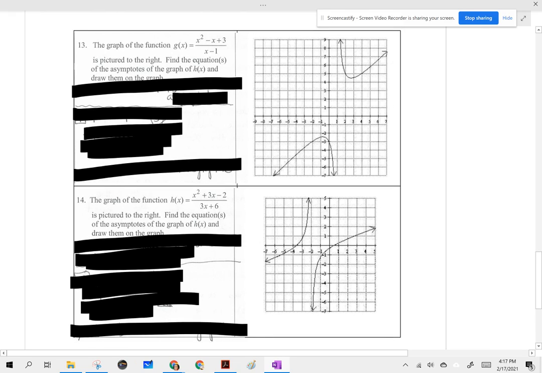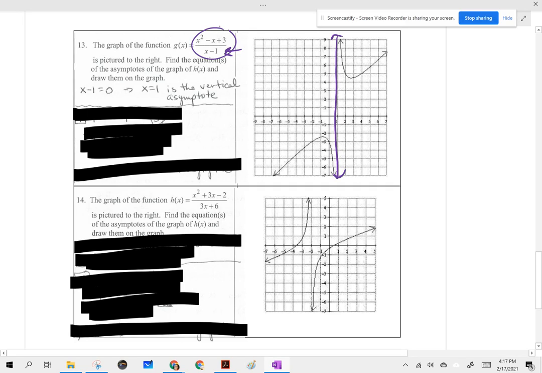Go ahead and answer the questions that follow for 13. All right, so for 13, the easiest one to find, again, would be the vertical asymptote. Okay, and so we end up getting x is equal to 1, so we're going to draw that on the graph. Notice that we aren't having a horizontal asymptote, so we have a slant, which means we're going to do synthetic division. We're going to synthetically divide by 1, so our coefficients are 1, -1, and 3.